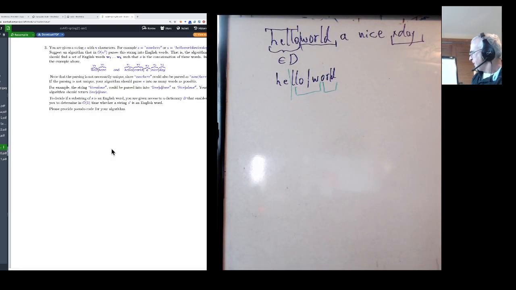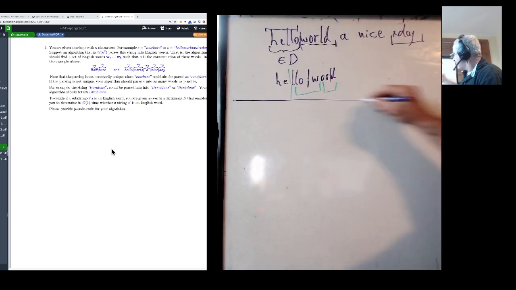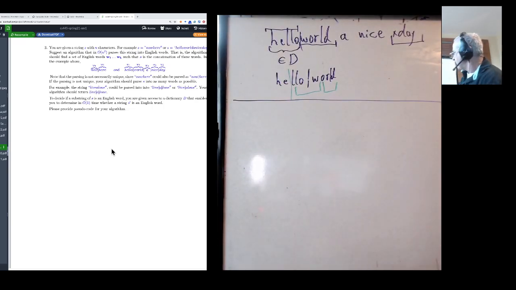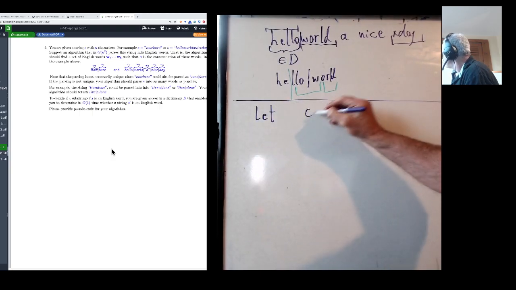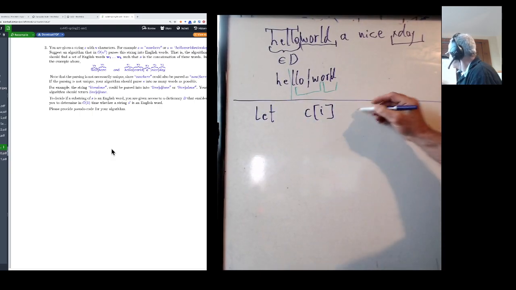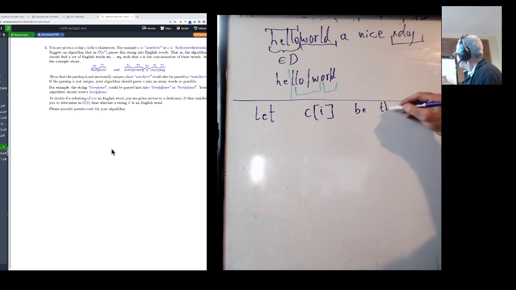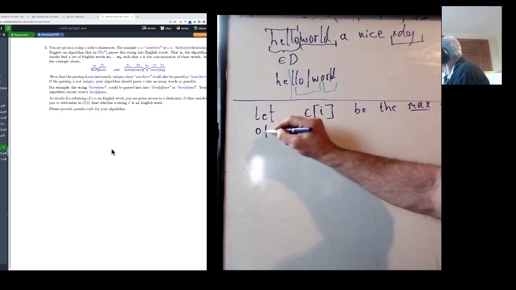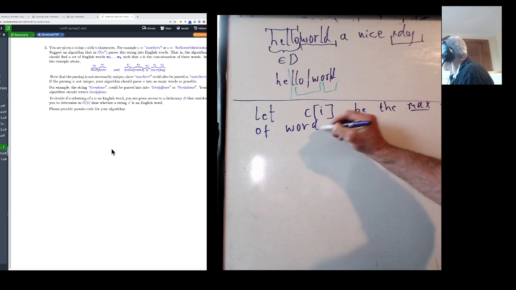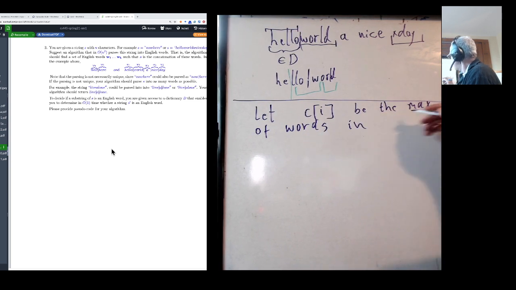So what you're doing instead is the correct answer, which a lot of people did get, was to say, let Ci be the max number of words in the text.